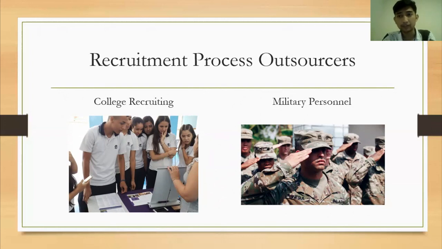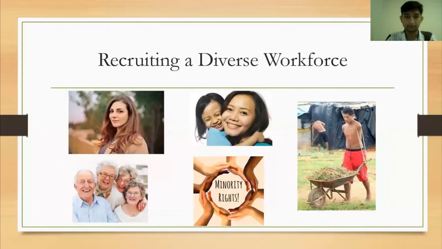Military personnel. I don't think this really applies for Indonesia, but in the United States, the government actually has a program that helps out military personnel that no longer serve the military to find jobs if they want to find a regular job.